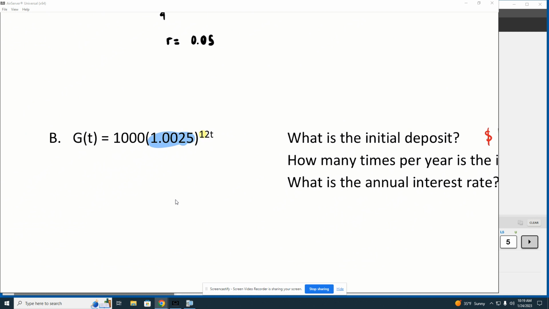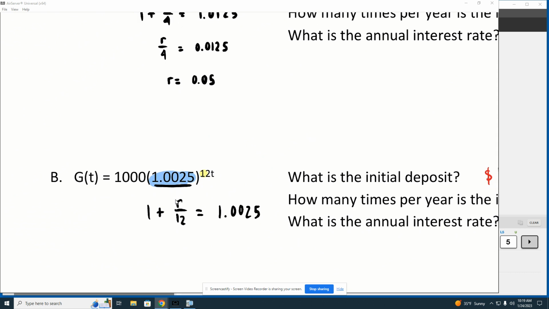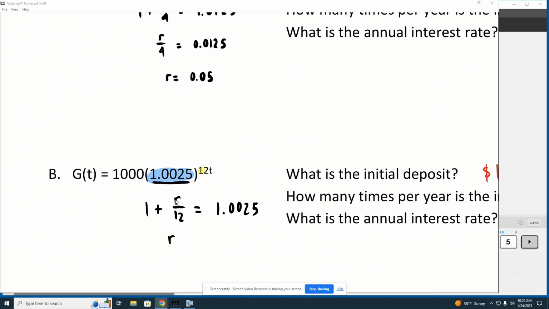Okay, look at the next one. How did we come up with this value? What's my equation? 1 plus R over N. What's N on this problem? Very good. And that equals the 1.0025. So how do I solve this one first? Same thing, right? I subtract 1. So R divided by 12 will equal 0.0025.